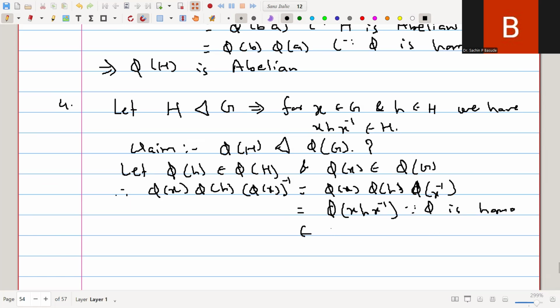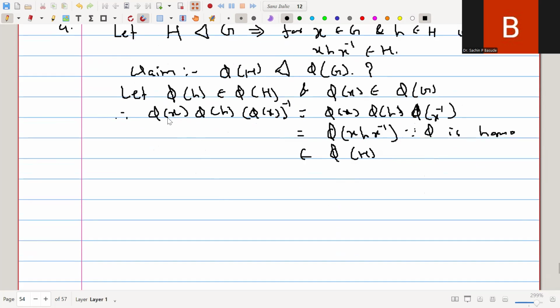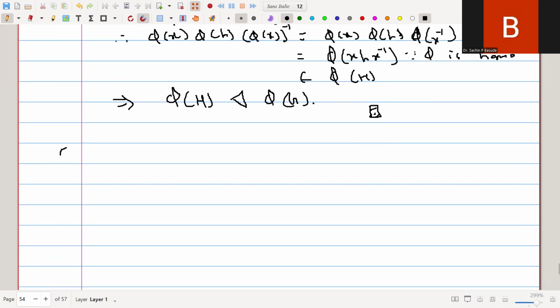So this belongs to phi of H because H is a normal subgroup, therefore x h x inverse belongs to H. So group element, subgroup element, and group element inverse belongs to the subgroup. So phi of H is a normal subgroup of phi of G. This is the fourth one.